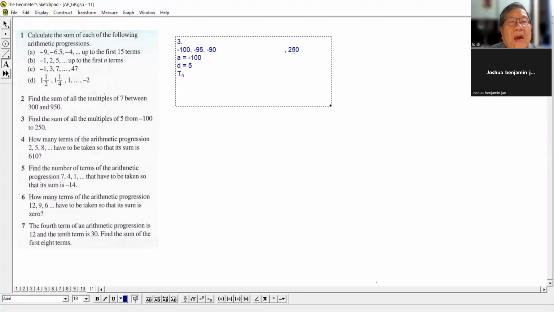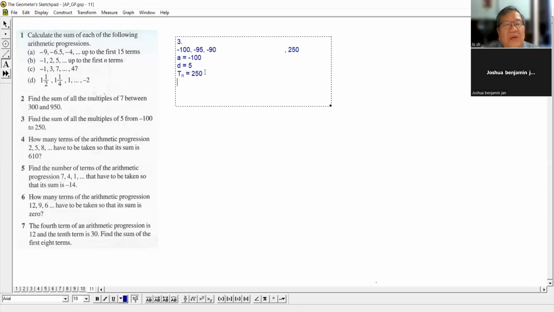A plus, Tn is what? 250, because we don't know what is the N, so we just call it 250.